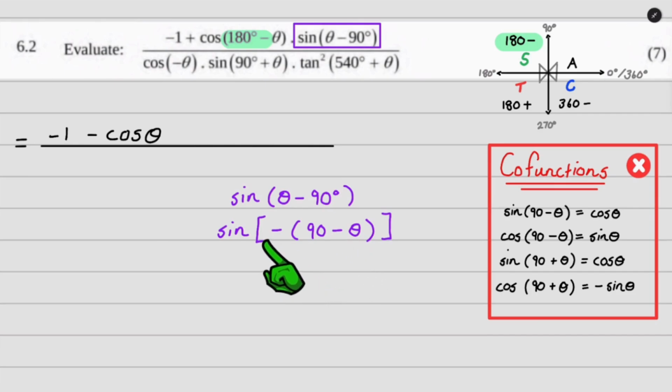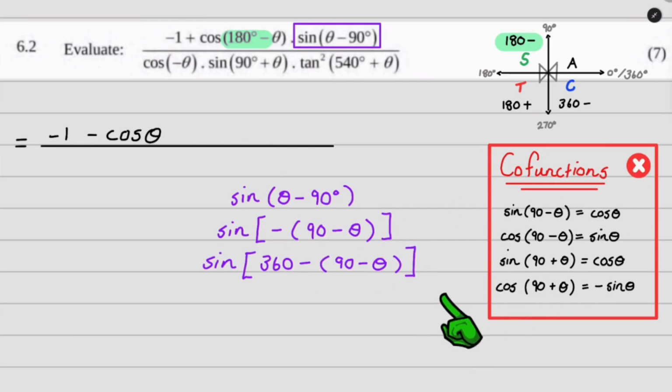And then you put a 360 over here, and that takes us into the 360 minus quadrant over there. And in that quadrant, only cos is positive, so sine will be negative. So this will change into negative sine with that angle glued onto it.